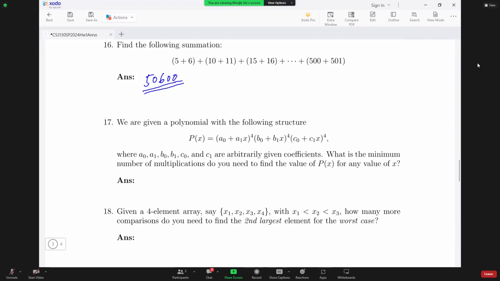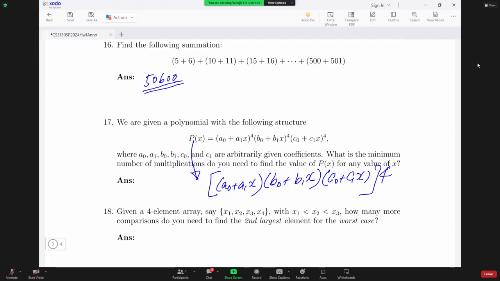First, we write this P in this way: A0 plus A1x, we keep this part, B1x, C0 plus C1x, we keep, then we take the fourth power out of the product of these 3 parentheses.